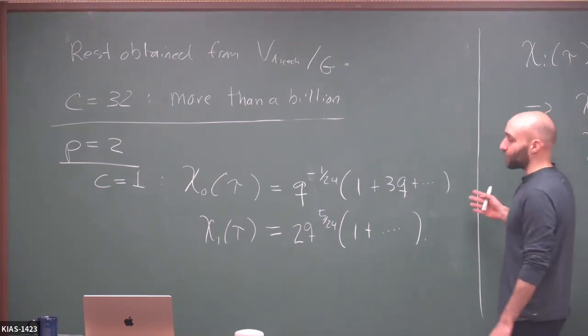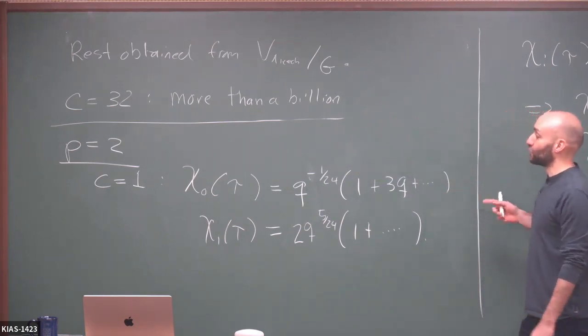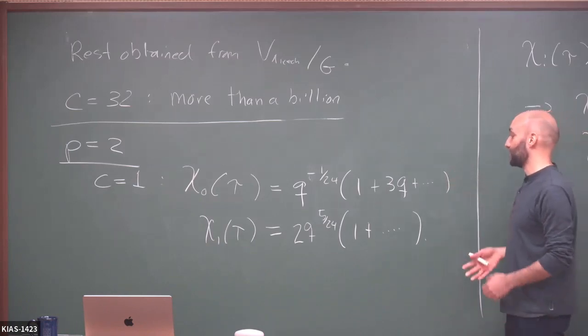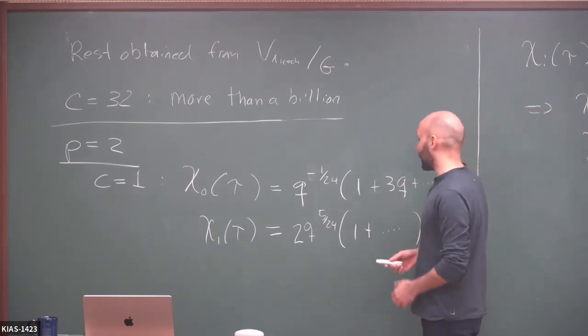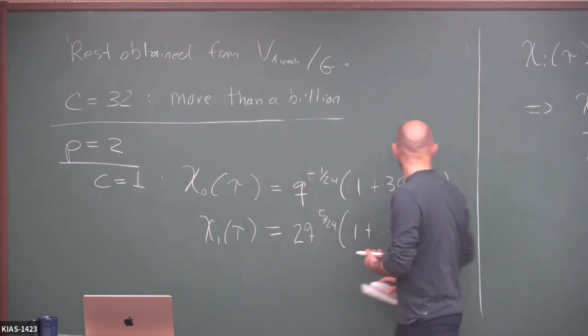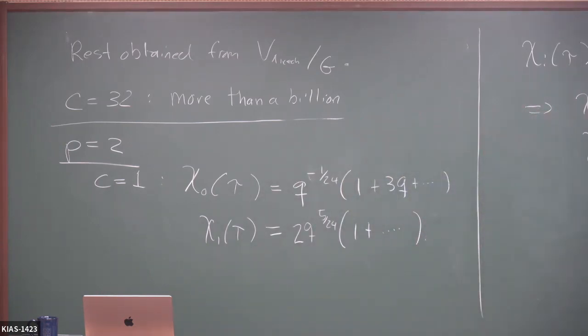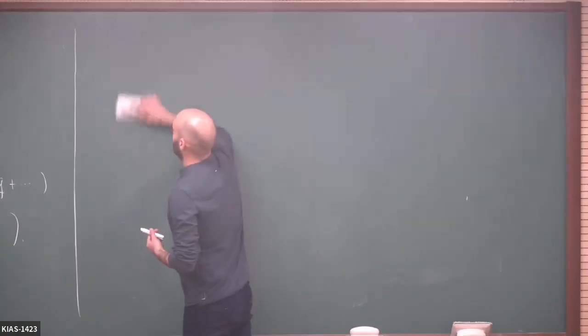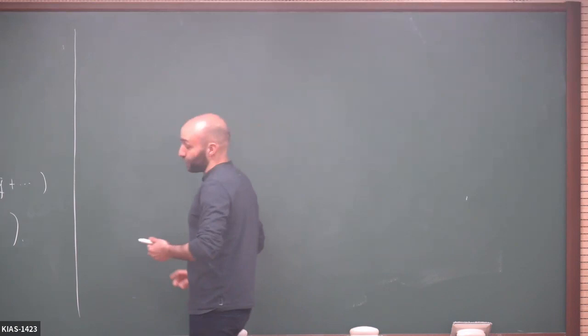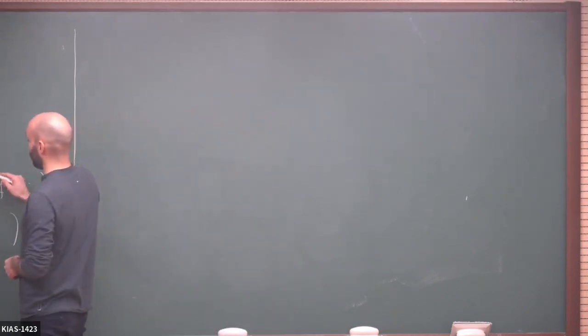Okay, so this is already a pretty strong statement. Any theory with central charge 1 has to have this as its spectrum. But by supplementing this with CFT arguments, you can say exactly what that theory is. So there could in principle have been multiple, but it will turn out that there's only one.